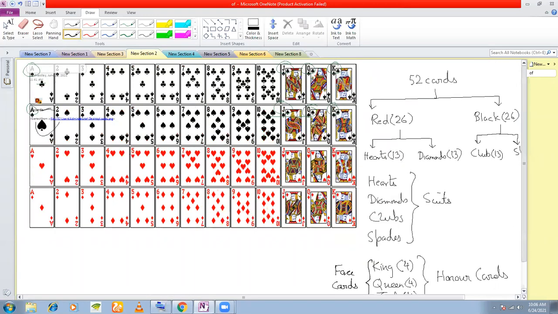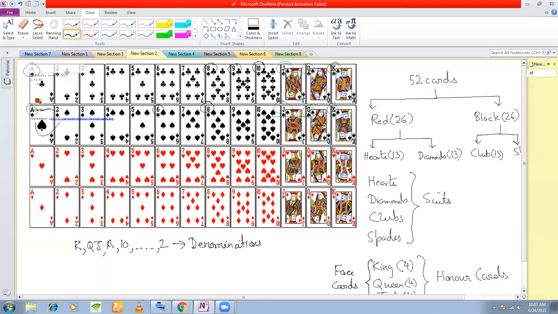Also, these symbols here, K, Q, J, A, and then beginning with 10, this continues till 2. All these you see on top of each suit, right? These are called denominations.